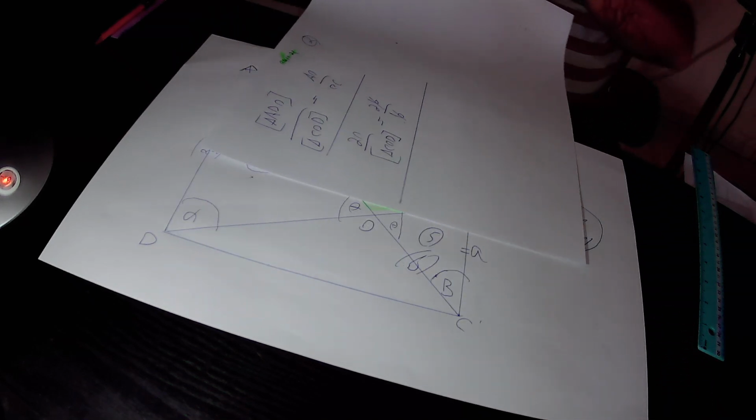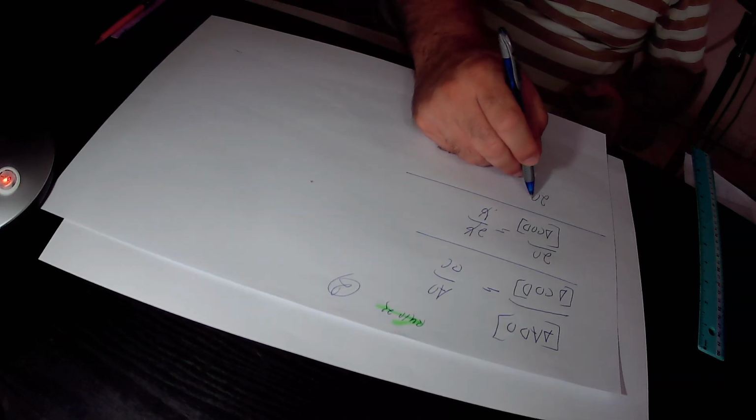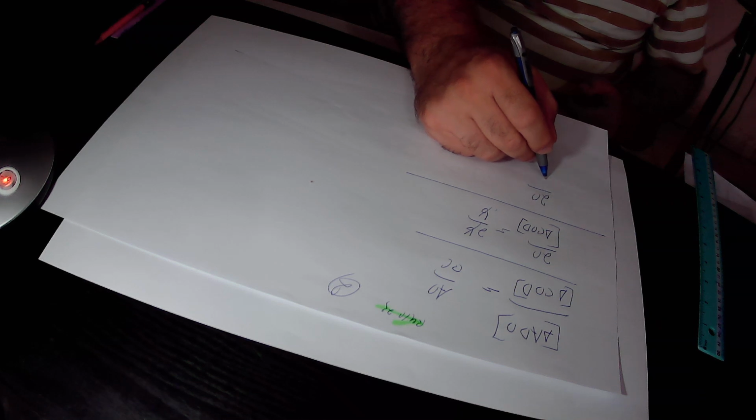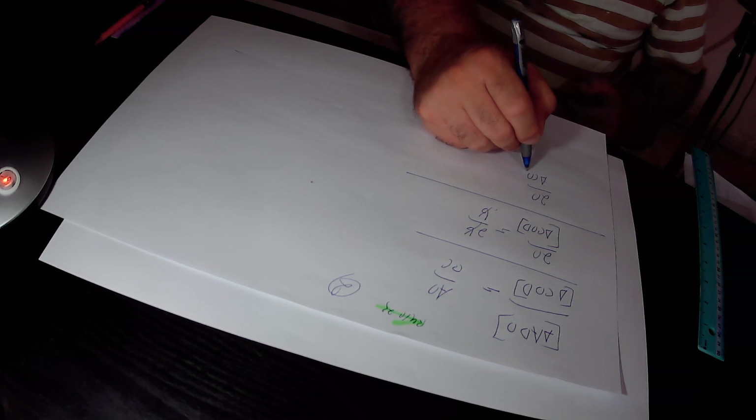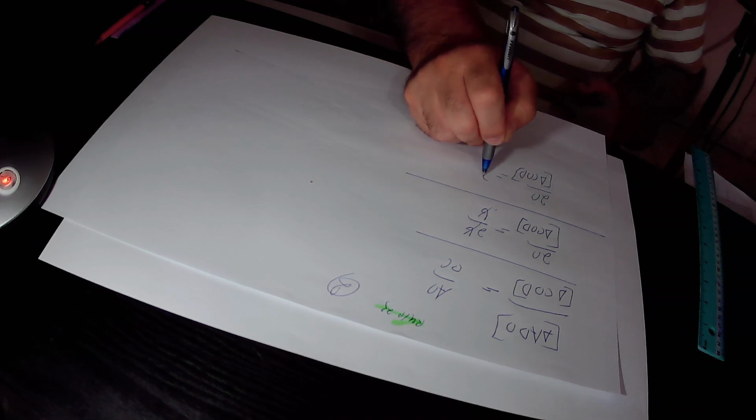So 20 over the area of triangle COD is equal to 2.